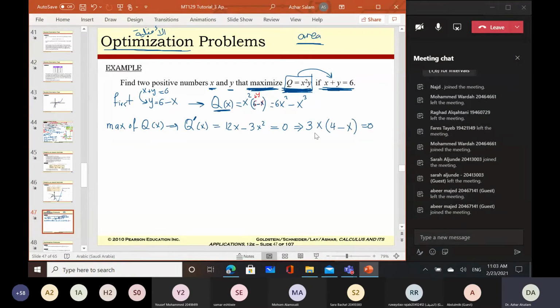So either 3x equals 0, which means x equals 0, or 4 minus x equals 0, which means x equals 4. These are the critical points for Q.